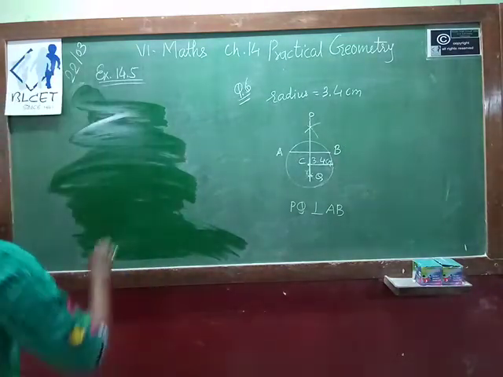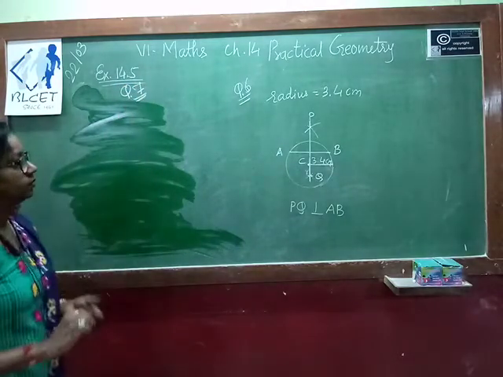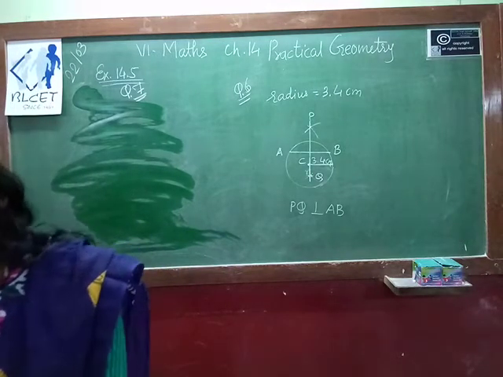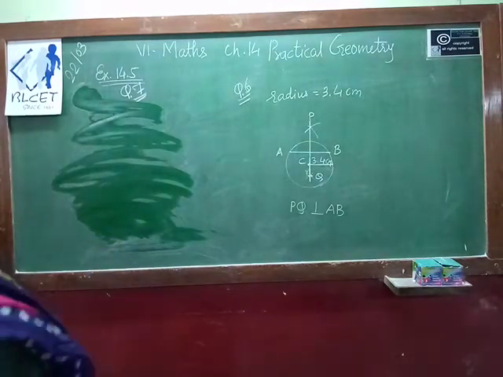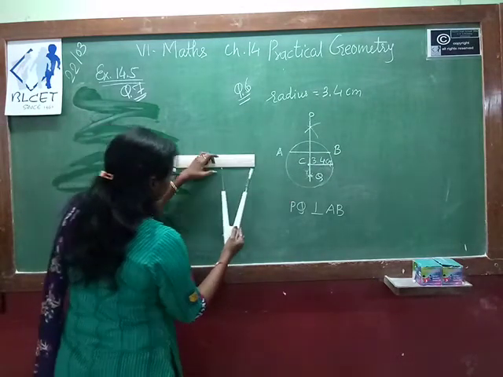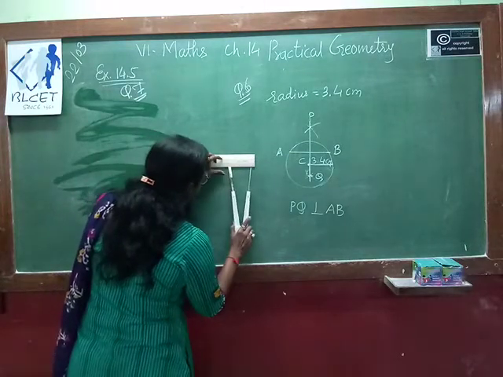Now draw the circle again with the radius 3.4 centimeter. So 3.4 centimeter we have to take.